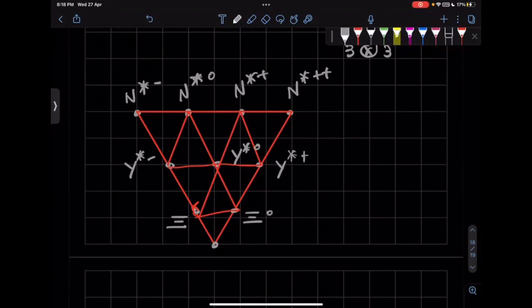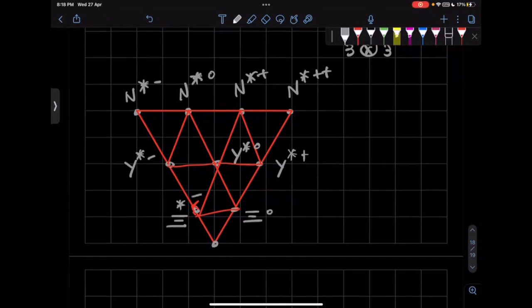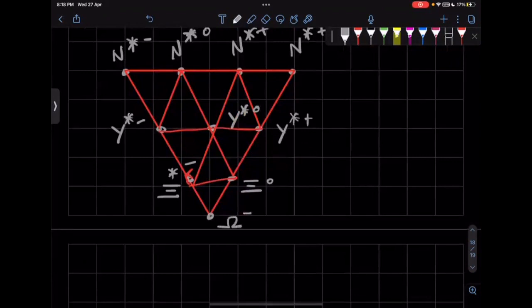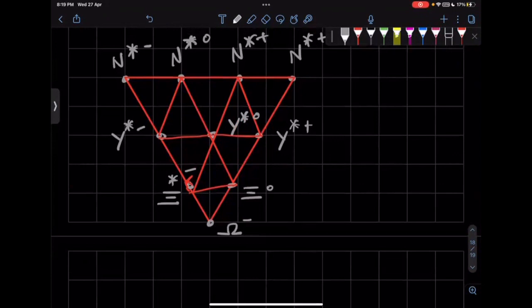So the resonances, when Gell-Mann worked this out, of these 10 particles, only 9 were known. So Gell-Mann predicted a 10th particle.